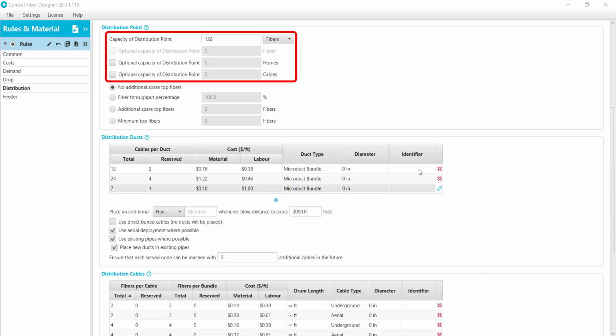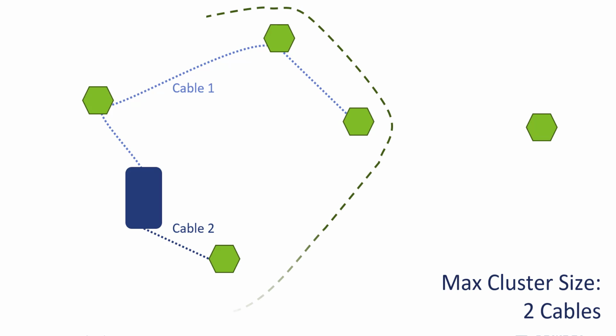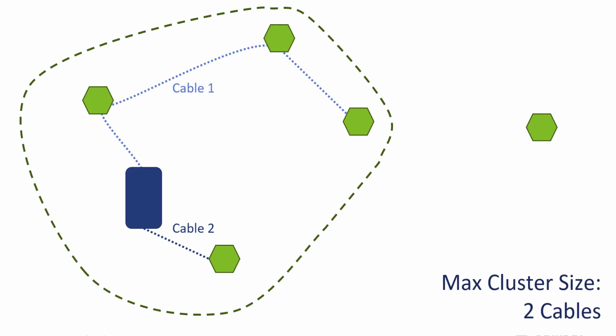In this layer, cluster capacity can be placed under multiple limits. You can choose to cluster by fiber and homes and cables, or any combination thereof. If you choose cables, then the cluster will be limited by the number of cables required to provide service to all points.